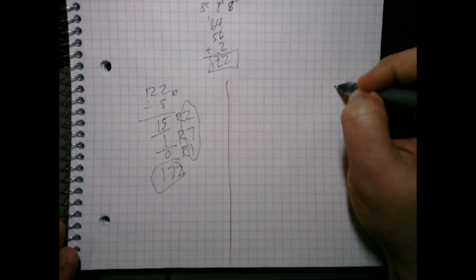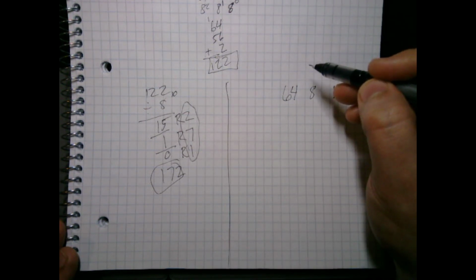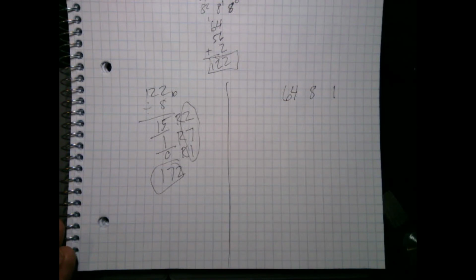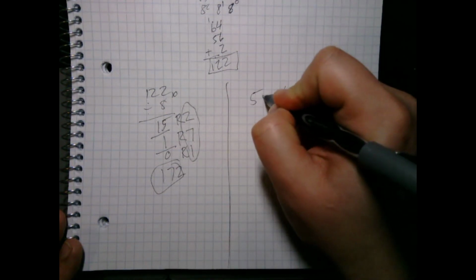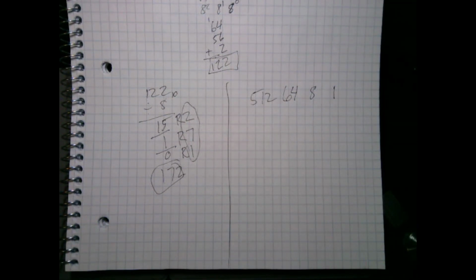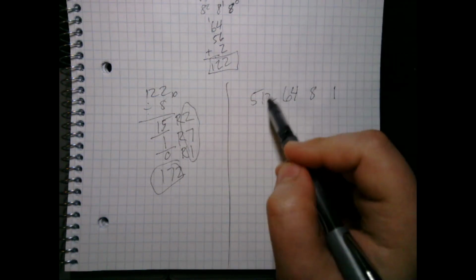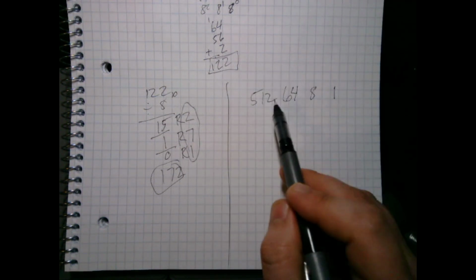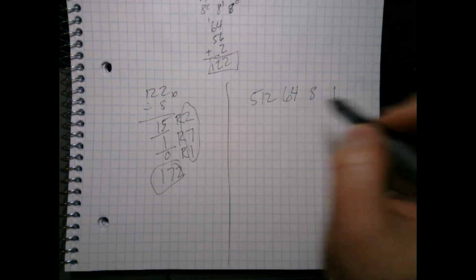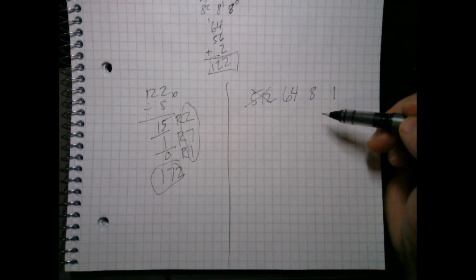So we start with 1, then 8, then 64, then 512. Well, 512 is the first time 122 can't fit into that number, so we'll stop here and disregard that column, and start with the 64 column.